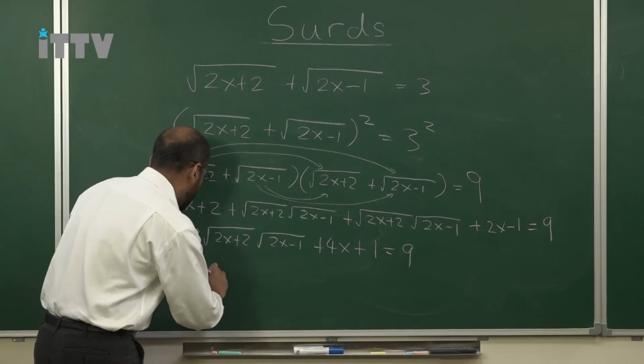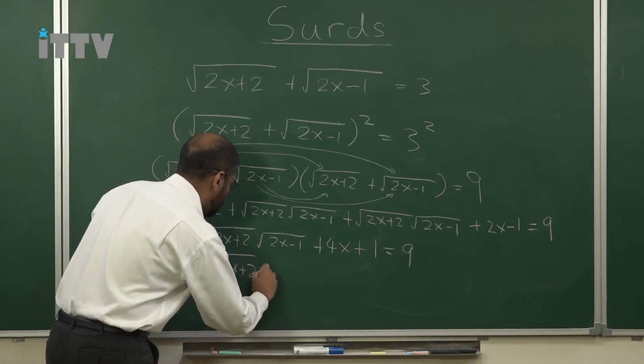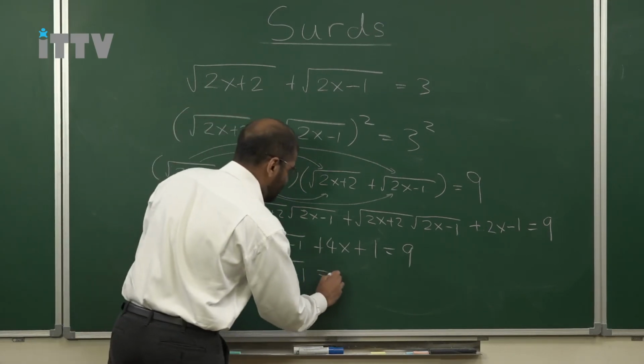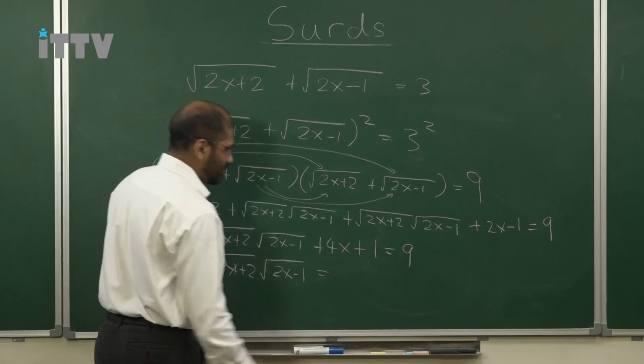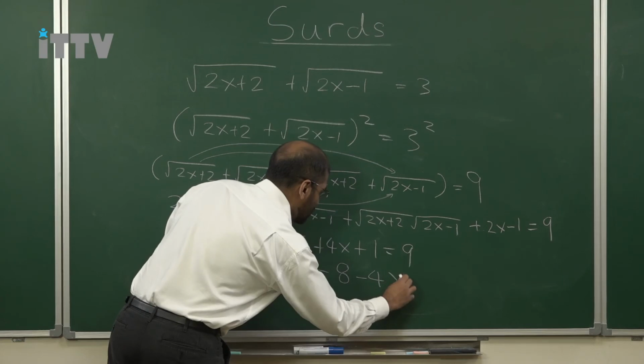So we have 2 surd 2x plus 2, 2x minus 1. Bringing it over to the other side, we have got 8 minus 4x.